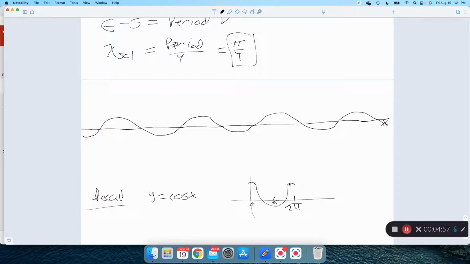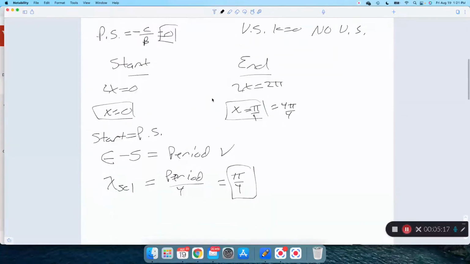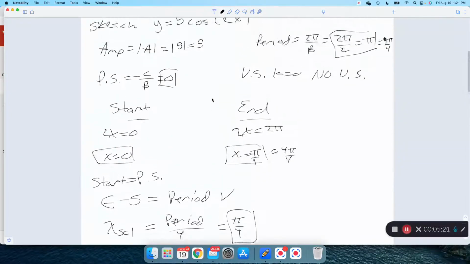Cosine starts and ends at crests. Sine starts and ends at intercepts. This is what sine looks like. Cosine starts at a crest. So really, for the first time graphing here, I care whether this is sine or cosine. All the rest of this, everything would have been the same whether it was sine or cosine.